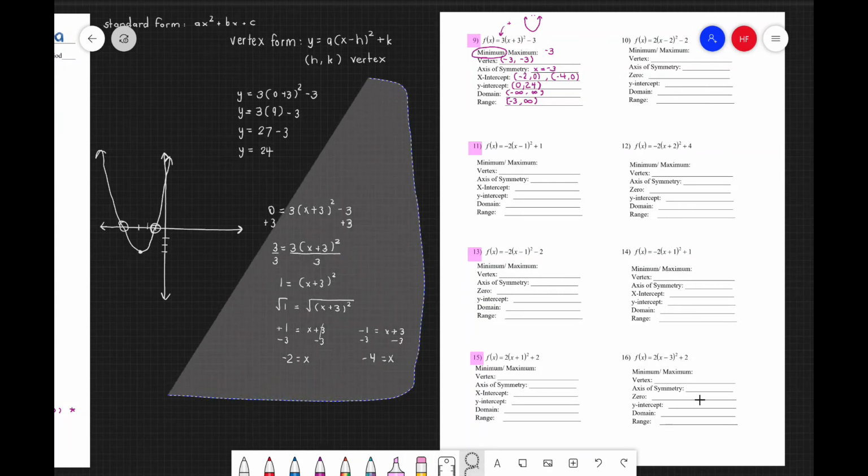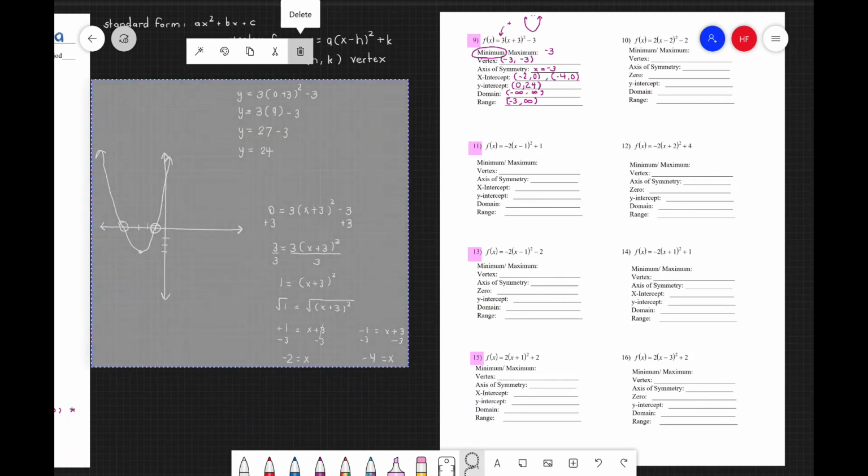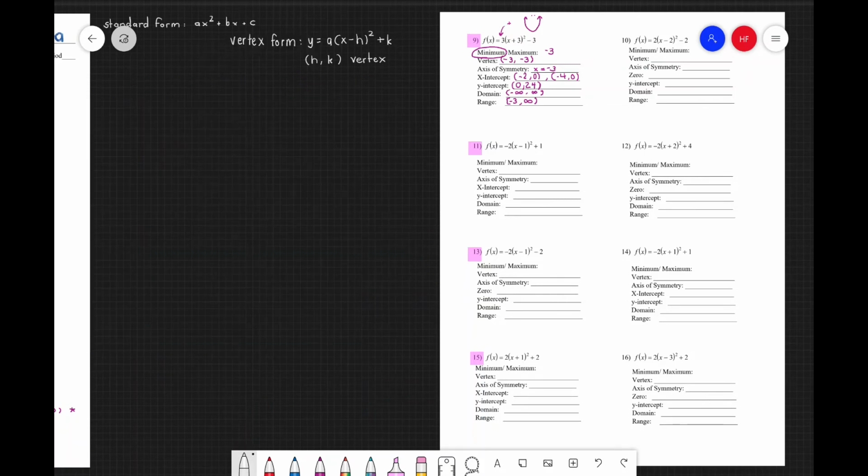Clear this out. So at number 11, we're finding all of that information, but again, we're in vertex form, so it's going to go a lot quicker. We have our vertex by taking the opposite of what's inside, so positive 1, and then that last piece as it is.